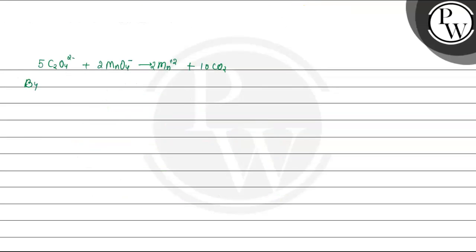By law of equivalence we know that the equivalents of C2O4 2- are equal to the equivalents of MnO4 minus, and this is equal to N1 V1.